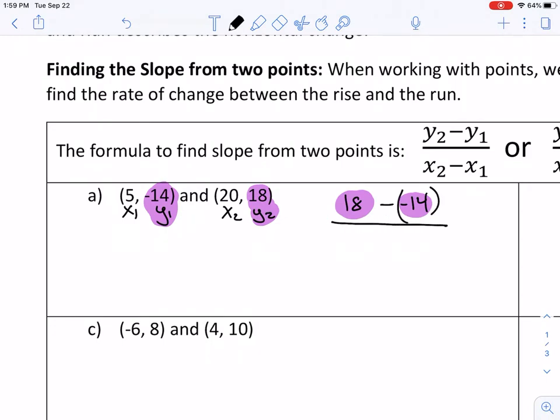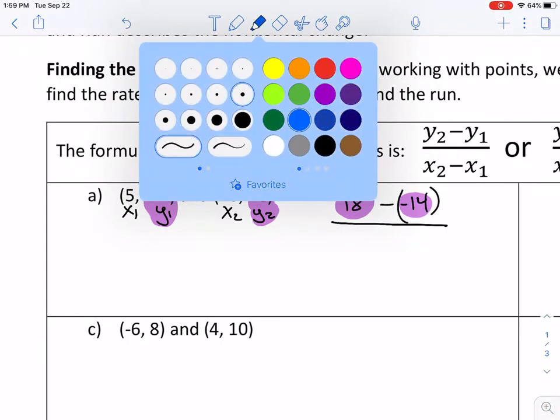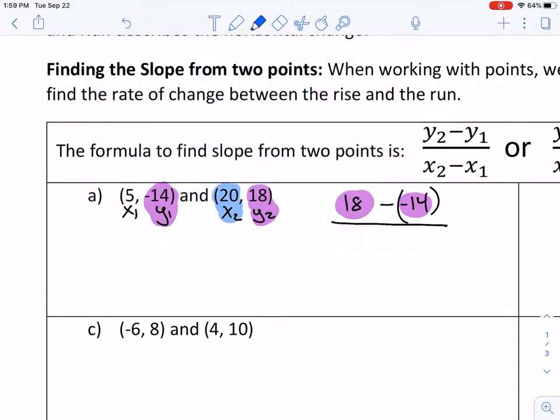And that's divided by my, I'll do this in blue, my x2 value, which would be 20, minus my x1 value, which is 5. So y2 minus y1 over x2 minus x1.